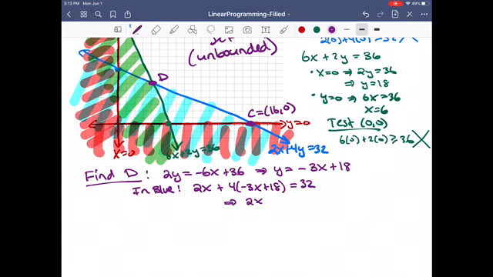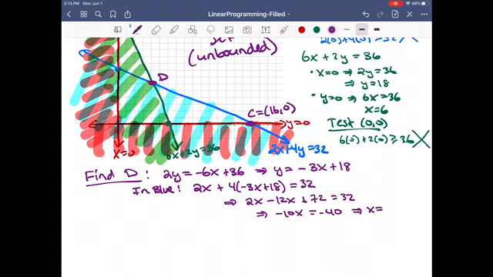So that means 2x minus 12x plus 4 times 18, which is 72, equals 32. So that's negative 10x equals 32 minus 72, which is minus 40.